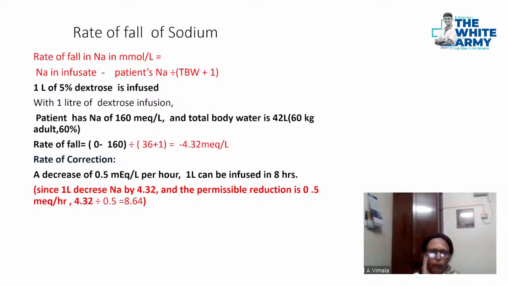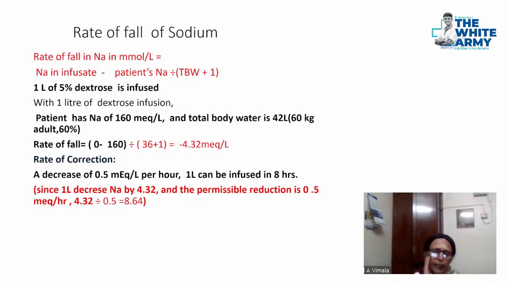The total body water is 36, to which you are infusing 1 liter. So 36 plus 1. So minus 160 divided by 37 is minus 4.32 milliequivalents. So if you give 1 liter of 5% dextrose to this individual, that will reduce the sodium by 4.32 milliequivalents.